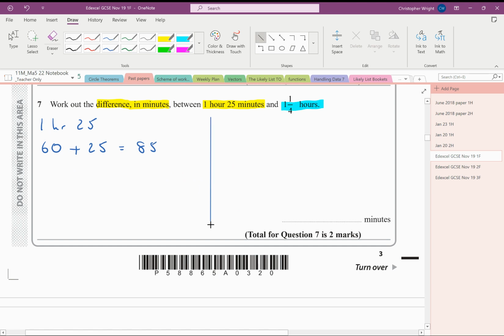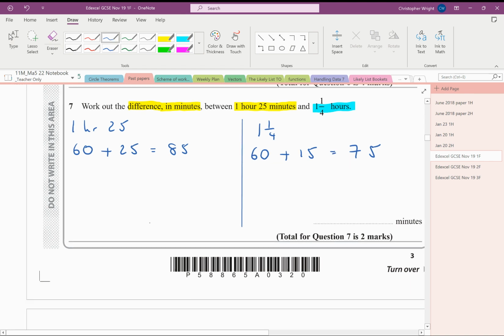Now, 1 1/4 hours is 60 minutes plus another 15 minutes, which makes 75 minutes. Work out the difference in minutes. Well, the difference is going to be 85 minus 75, which is obviously 10 minutes.